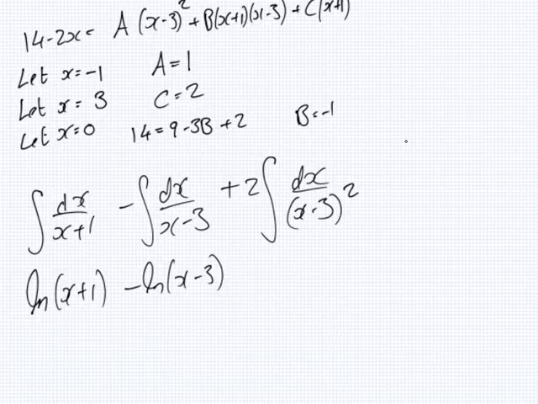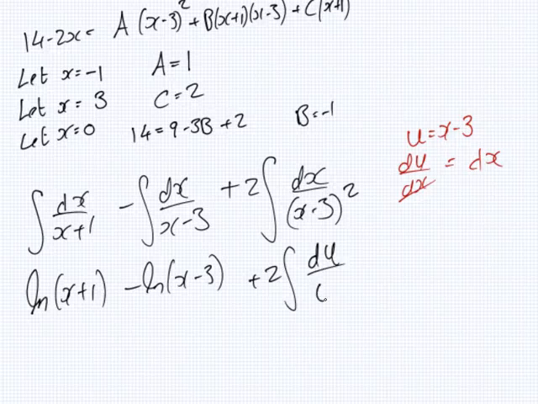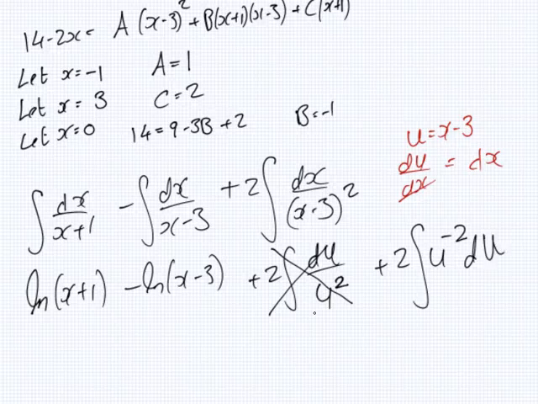But here we need a substitution. I'll say u equals x minus 3. So that means du dx equals 1, so du equals dx. So this now becomes 2 du over u squared. Or I think it's much easier to write it as plus 2 u minus 2 du. That's much better.